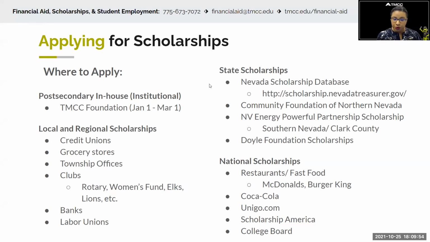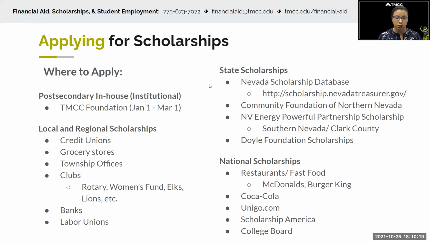And then there's local and regional scholarships available. So credit unions, if you belong to a credit union as a parent, or grocery stores have scholarships, township offices, clubs. The Nevada Women's Fund has scholarships for young women.